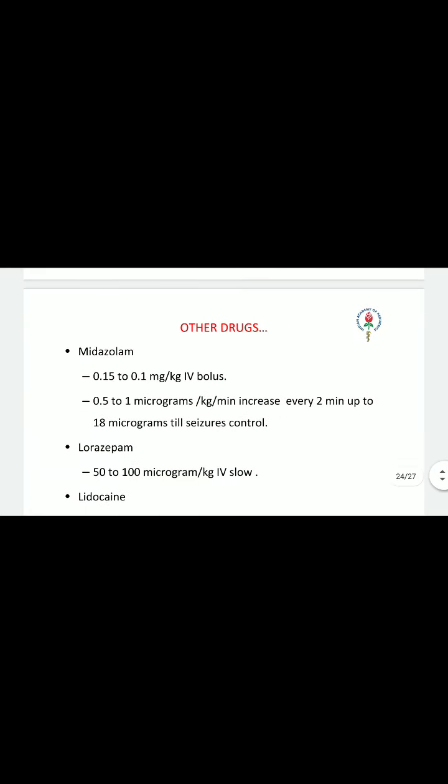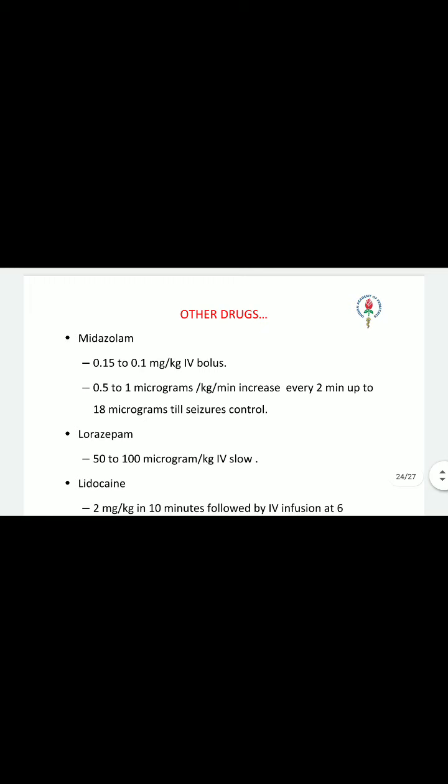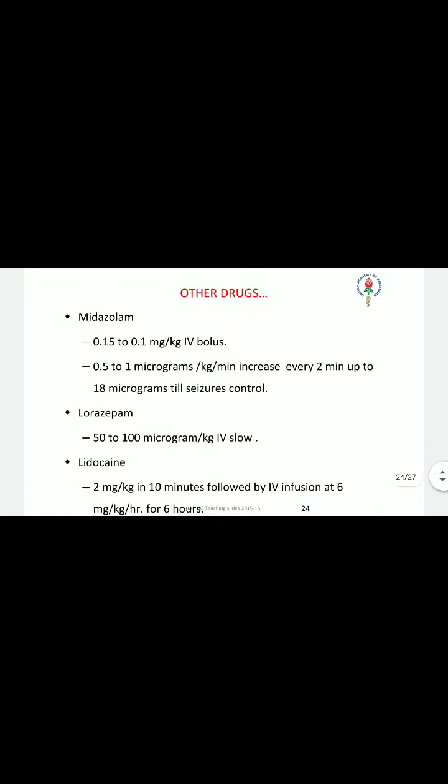The other drugs, midazolam. Midazolam, the bolus dose is 0.15 to 0.1 milligram per kg IV bolus. Then 0.5 to 1 microgram per kg per minute infusion, and it can be increased every 2 minutes up to 18 micrograms till seizures are controlled.